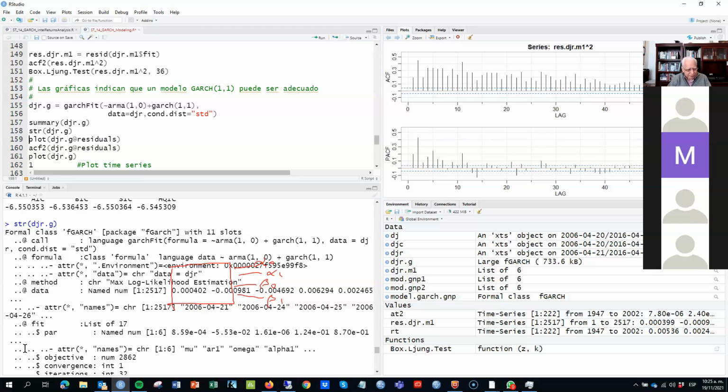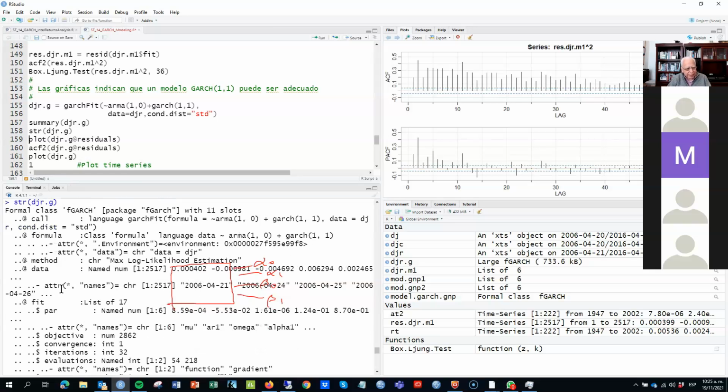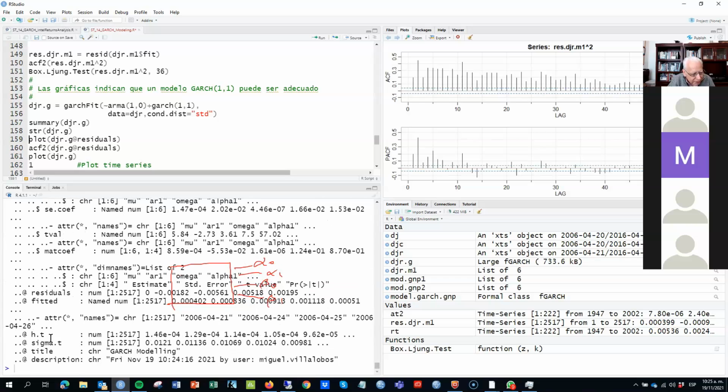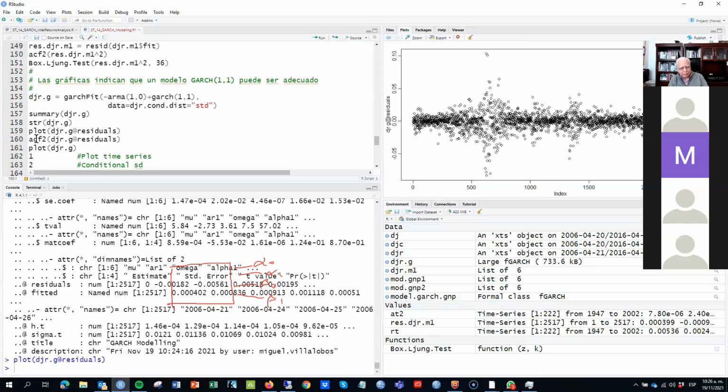Okay, so that's what I need to use, and the residuals are here. These are the residuals for the model. So I'm going to look at the residuals first. We'll see now that there's another way to plot all this data. These are the residuals of the model.